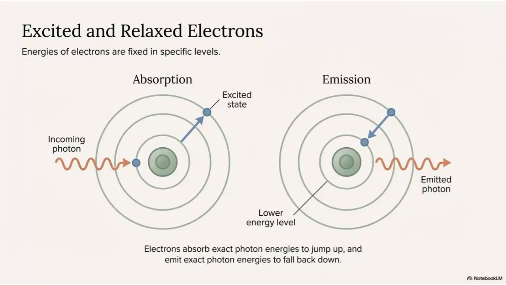So this whole thing is a four-step process. You have the electron absorbing energy, then jumping up because it gets excited, then it jumps back down, and as it jumps back down, it releases energy. That energy release is the energy that we can see as a color, and it's very specific.